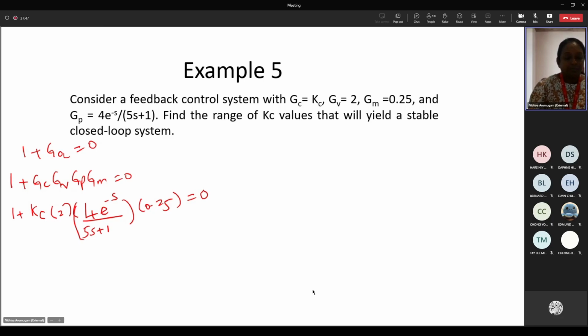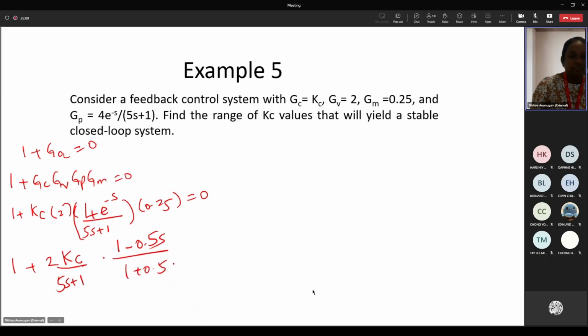So if you rearrange this equation, you'll be getting 1 plus 2 Kc over 5s plus 1 times (1 minus 0.5s) over (1 plus 0.5s).